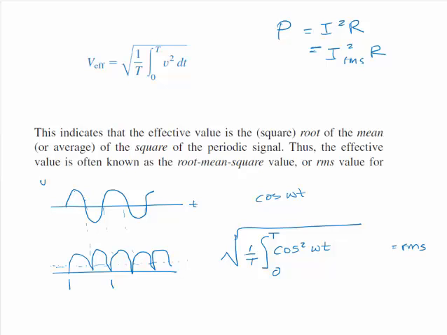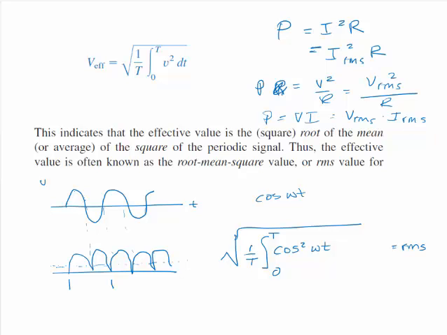Power is also V squared over R, which is going to be the RMS value squared over R. And power can also equal voltage times current, which will be the RMS voltage times the RMS current. When you do that, you will find the real power that's dissipated by the load. You will not get a complex answer where you have to find the real part of it. You will get the real power dissipated by the load.